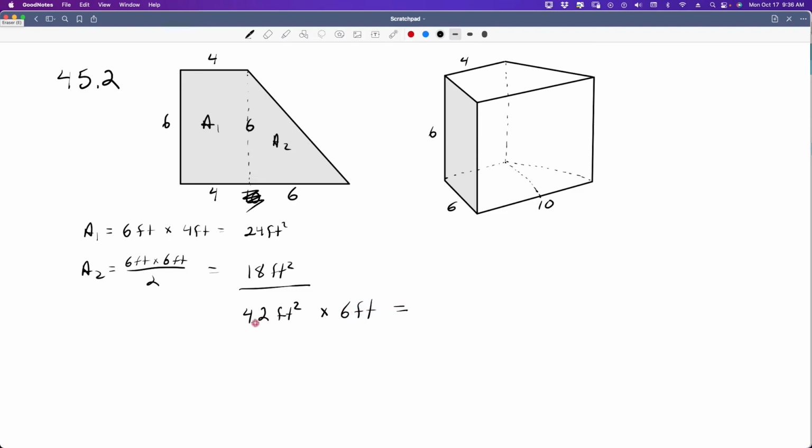And we find that 42 times 6 is going to give us 252. And now this becomes feet cubed, because the volume is equal to the area of the base times the height, and that is going to be a cubic unit of measure. So the answer is 252 feet cubed.